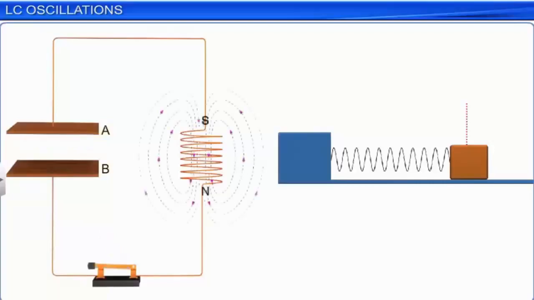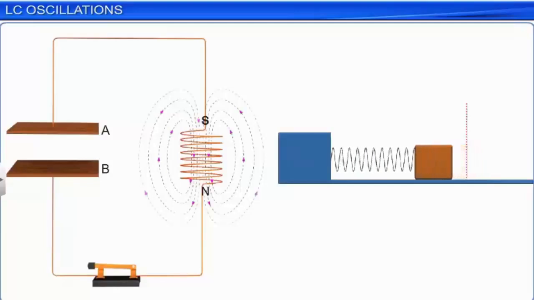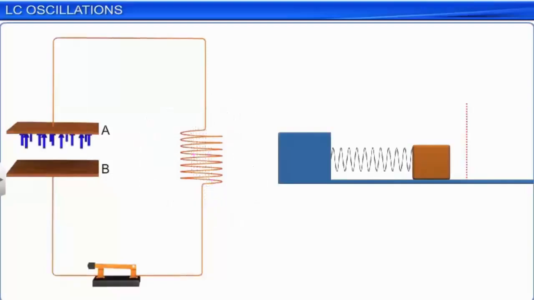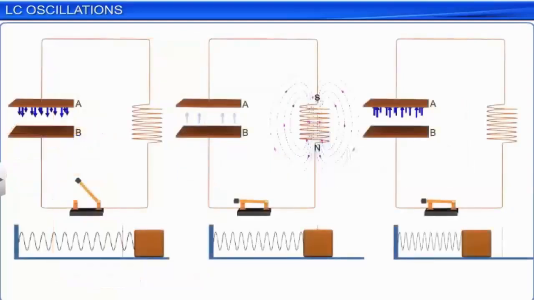When the spring goes to the other extreme, the kinetic energy in the system is again converted back into potential energy for the spring. In a similar manner, in LC oscillations, the energy oscillates between the electric field due to the capacitor and magnetic field due to the inductor.